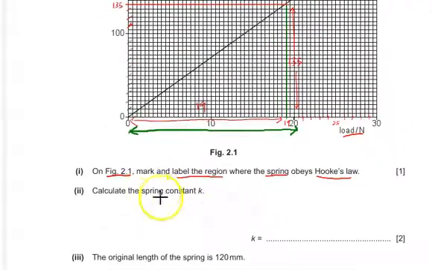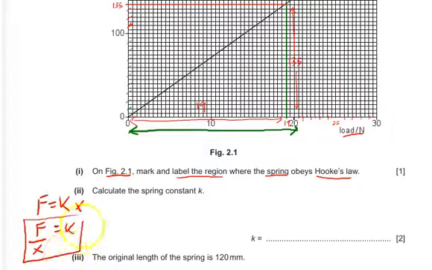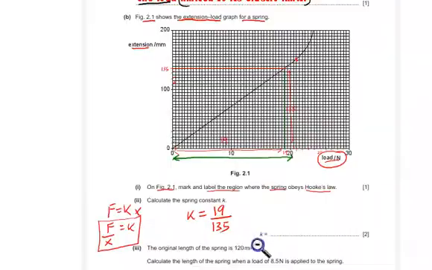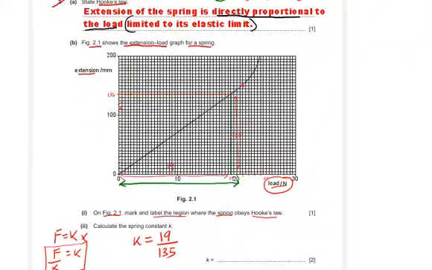Okay, so to determine the spring constant, here we will have force over the extension. Alright, force over the extension. So force here is 19 Newton divided by 135, and take note that this is mm.